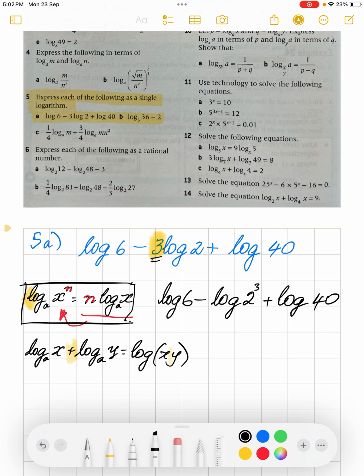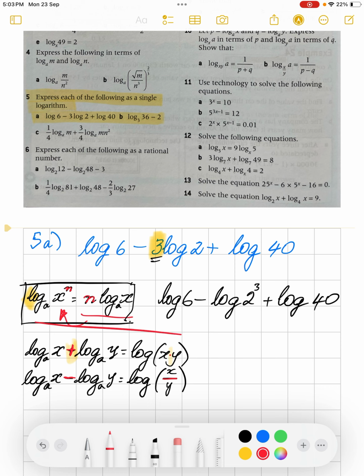The other property I'm going to use is when the log of x to base a minus the log of y to base a equals the log of, now from minus, it is the division of the x and the y. So when it's a minus here, it will be divide here. If it's a plus here, it will be a multiply here.